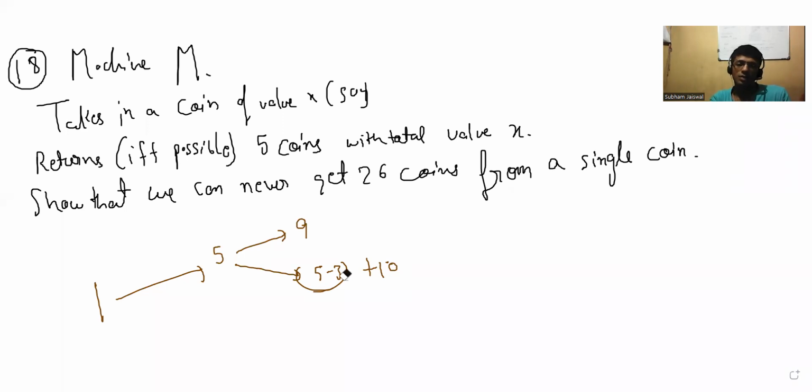So there are several ways to get different numbers of coins. The exact value is not important, and you're allowed to take as many steps as you want. But the claim is you can never get the number 26. That's all we are asking.